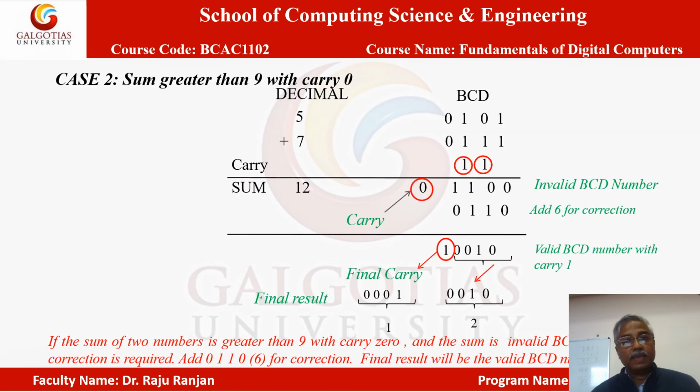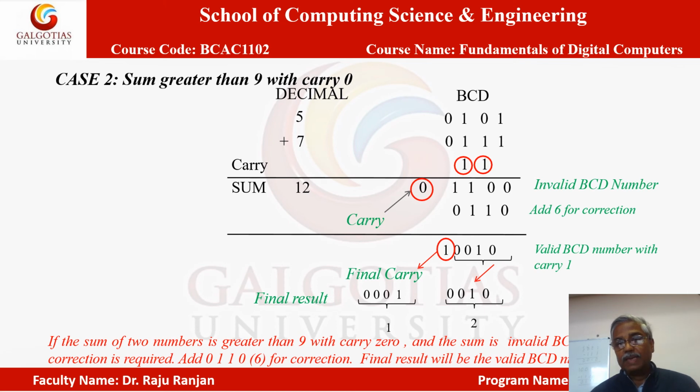So the second case is sum greater than 9 but carry is still 0. For example, if we add two decimal numbers 5 plus 7. So 5 is represented in BCD as 0101 and 7 is represented as 0111.